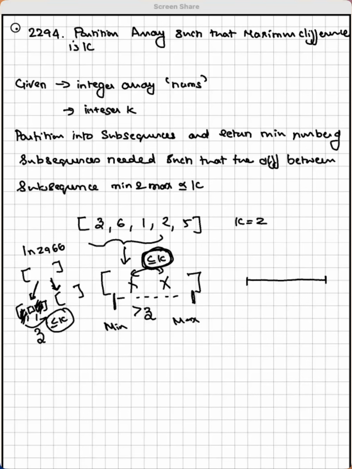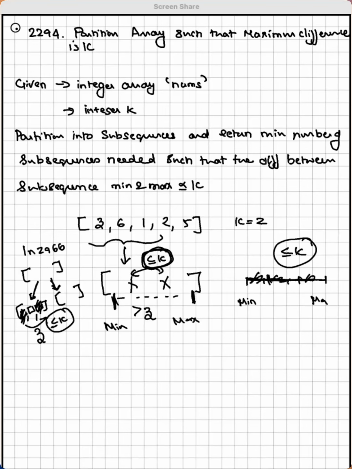So if the difference between min and max is less than or equal to k, then any other difference in this range is obviously going to be less than k. This is the thing that we have to satisfy.